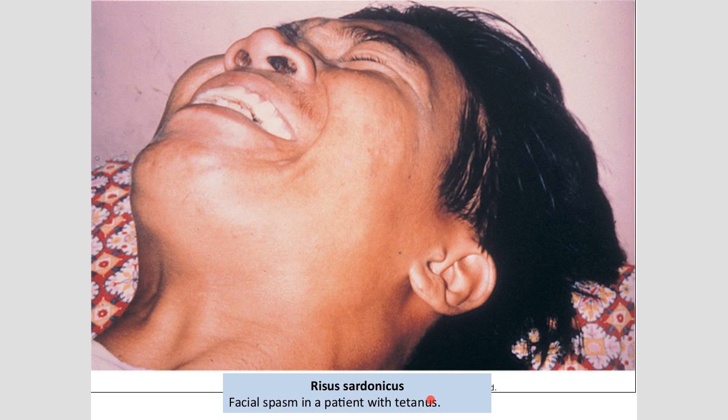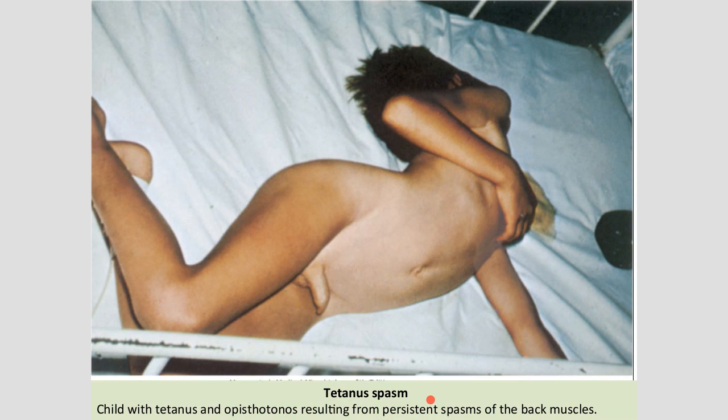Now, this is a typical facial spasm we call risus sardonicus, as if he was laughing, but actually it is a facial spasm from the tetanus of this patient. And I will tell you my own story. When I was rotating in the medical ward, it was such an experience. If you were to see it, it's very, very challenging.